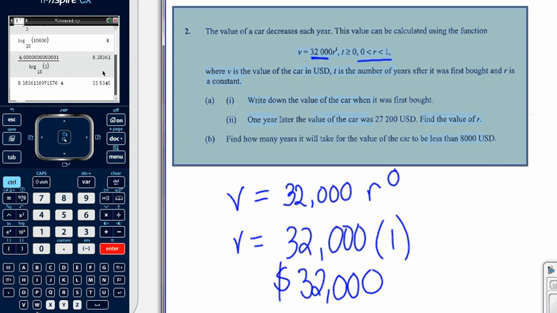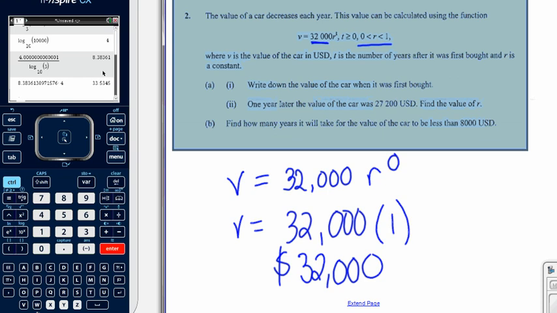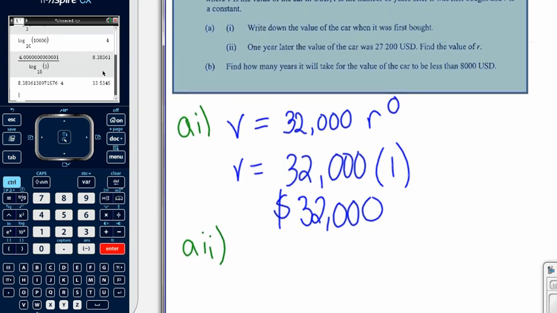One year later, the value of the car was 27,200 US dollars, and we want to find r. Again, that was 1 year later, so time is 1.